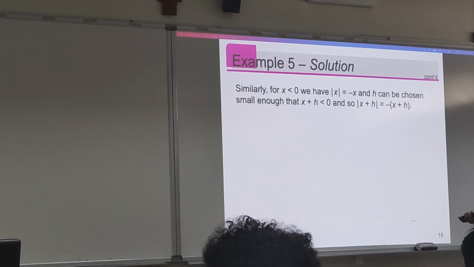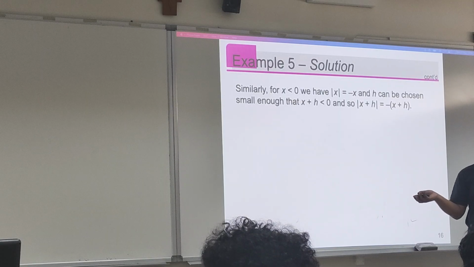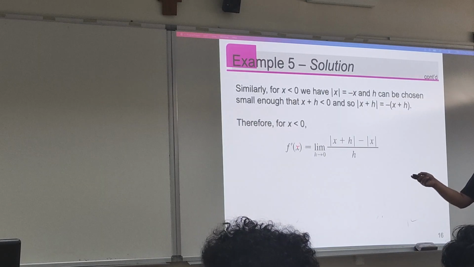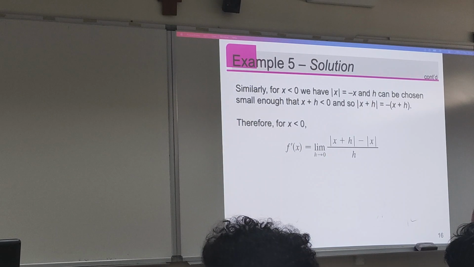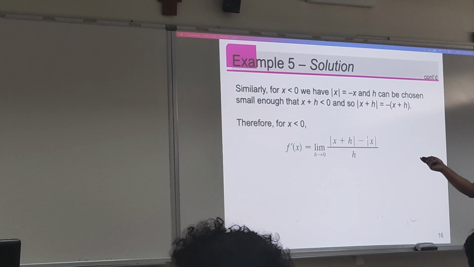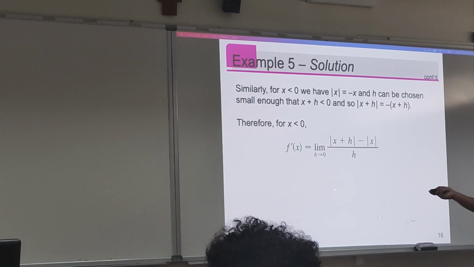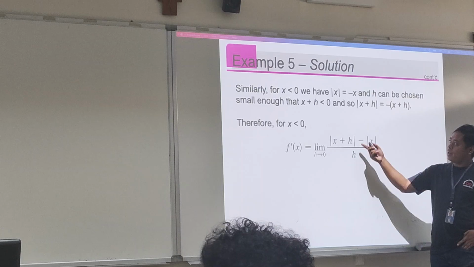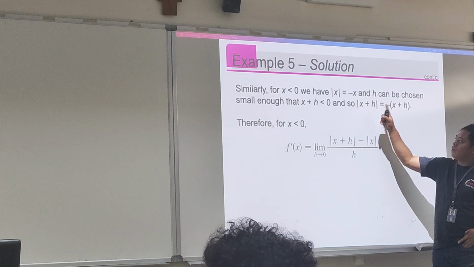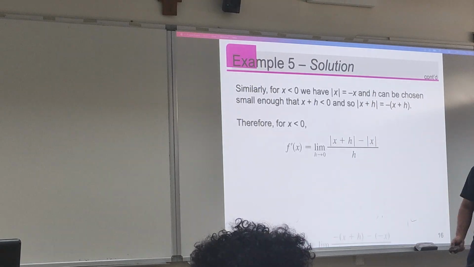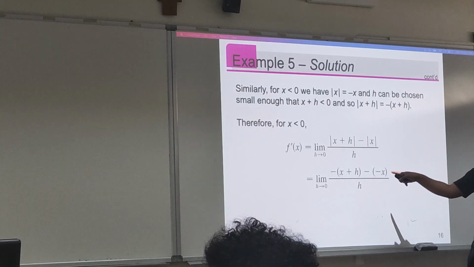So again, using the formula for the derivative of a function, f prime of x is equal to the limit of the absolute value of x plus h minus the absolute value of x, all over h, as h approaches 0. By substitution of the corresponding values of the absolute values, this will be equal to this now.